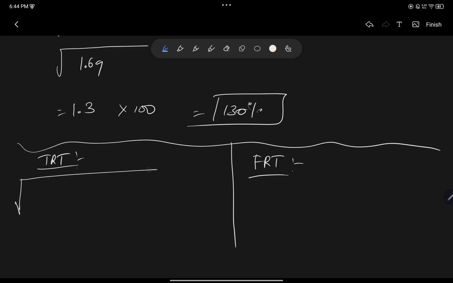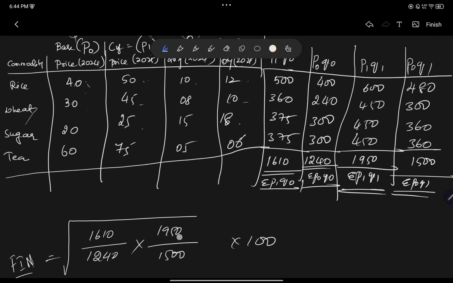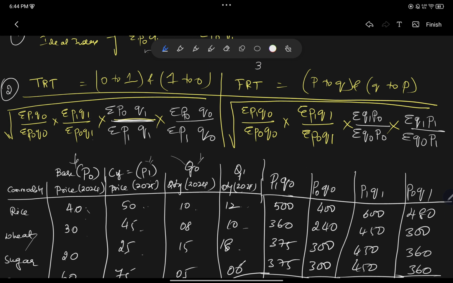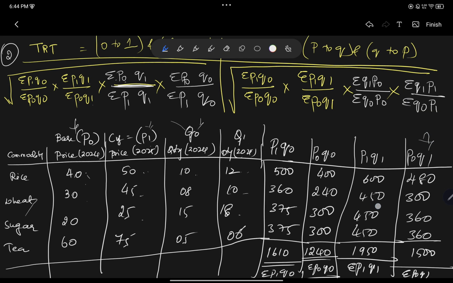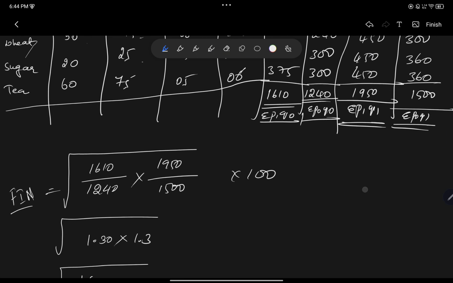Square root of 1.3 into 1.3, 1.3 into 1.3 over these two things we know. We need something else. What is that? Summation of P0 Q1. Do we have P0 Q1 here? P0 Q1 we have here, right? What is the total? 1500.